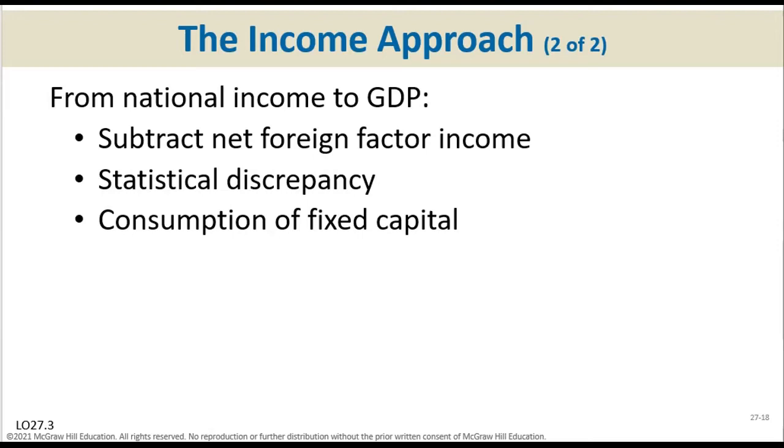The next adjustment comes from what is called the statistical discrepancy, which is basically a component to balance the expenditure and income, to balance both approaches.